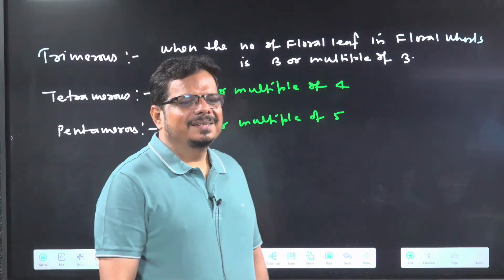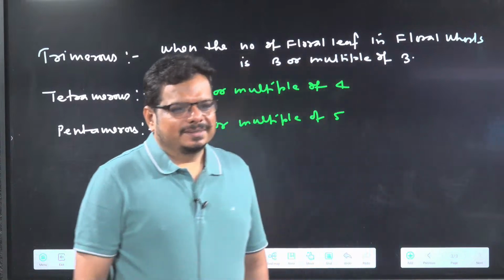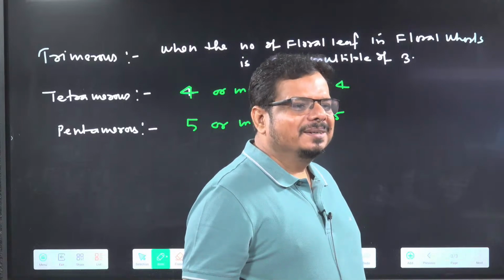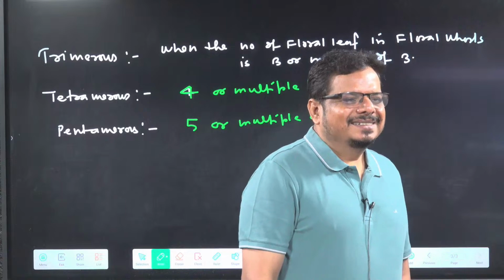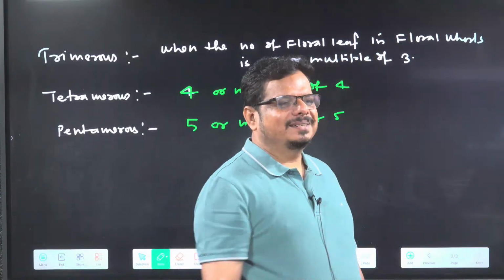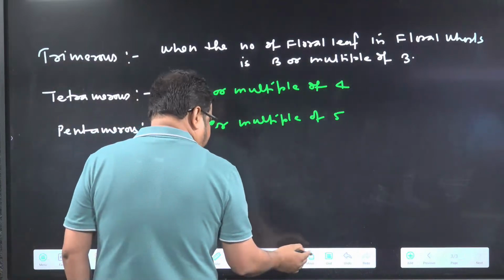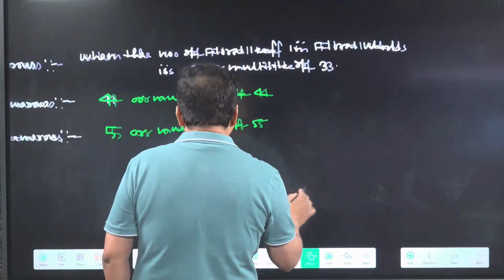Not based on one whorl. If 20 is there, 4 fives are 20, 5 fours are 20, tetramerous or pentamerous, isn't it? So in that case we see the other whorl also. Understanding the idea or not? So trimerous is a characteristic feature of floral leaves.